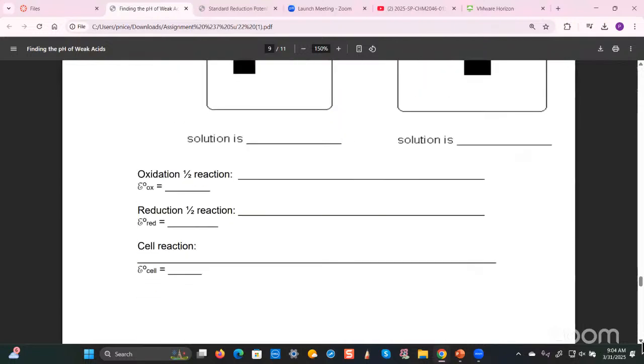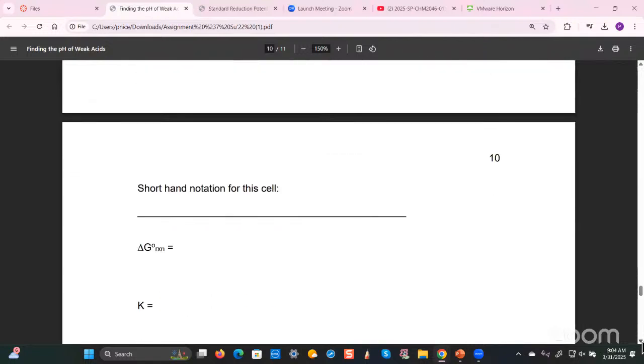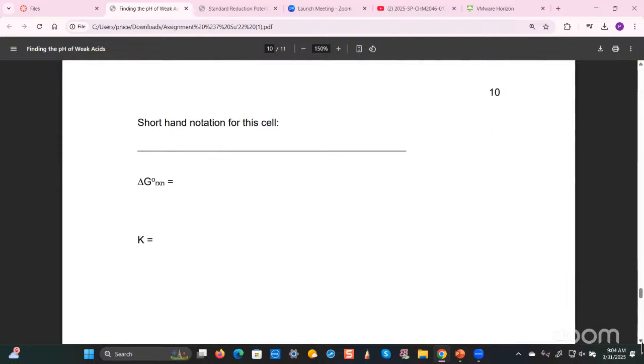So the next part is asking for the standard notation for the cell. So basically, if you think back to what we said before, the left side is where the oxidation takes place. So the way you write this down is you start off with Pt, the metal, which is inert, so that won't take part in the reaction, solid.